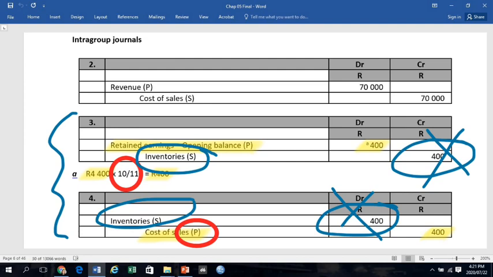Ultimately, the net effect of Journal 3 and 4 is a debit to the retained earnings opening balance of the selling entity and a credit to the cost of sales of the selling entity. We achieve moving that unrealized profit out of the retained earnings into the profit of the group.